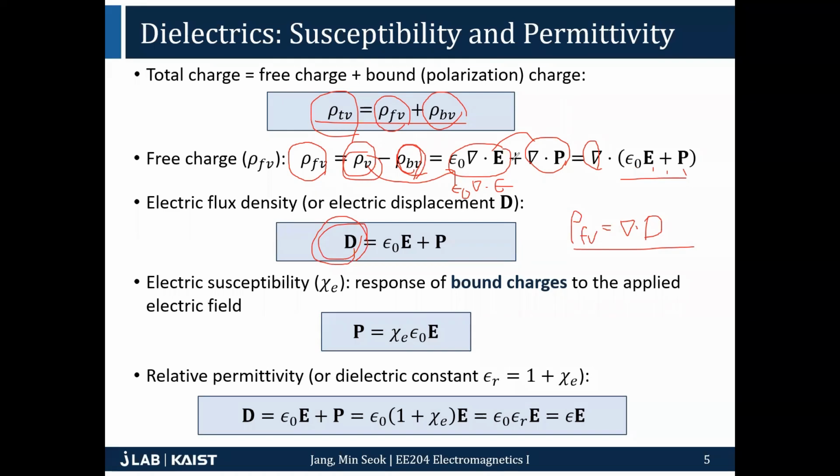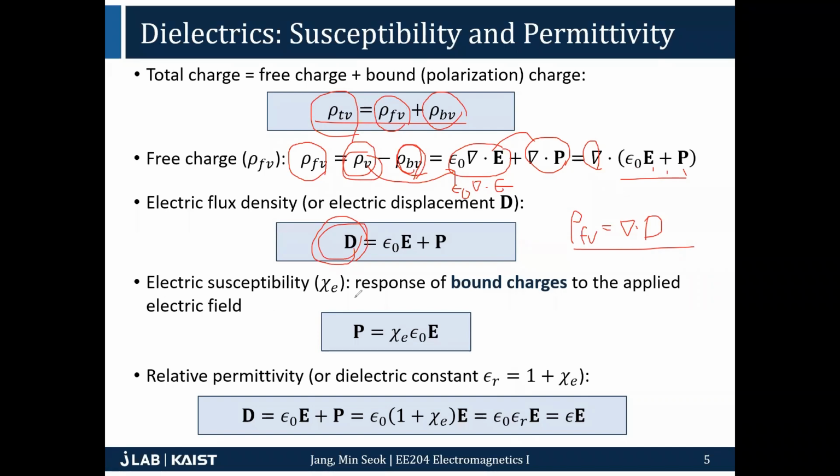Here's the important distinction: the charge that we can freely control is the free charge. So it's good to define the field component that is associated with only the free charge. That's the reason why we have the D field, and you will see why this is useful as we continue the lecture.